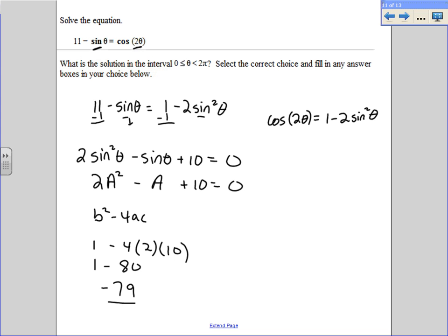We recall that if the discriminant is negative, when I put it into the quadratic formula, plus or minus the square root of negative 79, that's going to be imaginary. And we don't do imaginary numbers, certainly not on the unit circle or usually anywhere in trig. So since that discriminant is negative, those solutions are imaginary, and so we just have no solution.